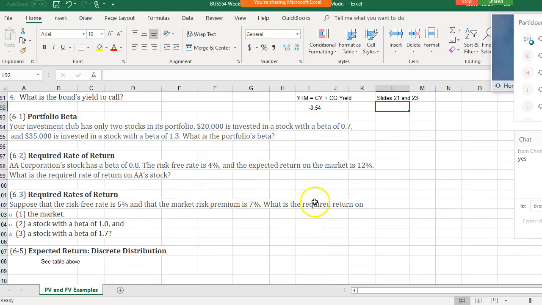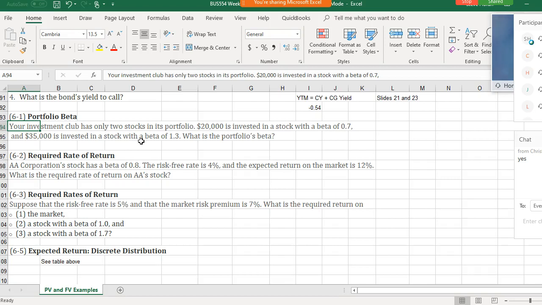And then one of the big topics of Chapter 6 is a concept called beta. And beta is a measurement of risk. A beta of 1 for a stock means you have the same risk as the market. So the market has a beta of 1. How beta is calculated, it's a standard deviation over time of how a particular stock price changes when the market changes.